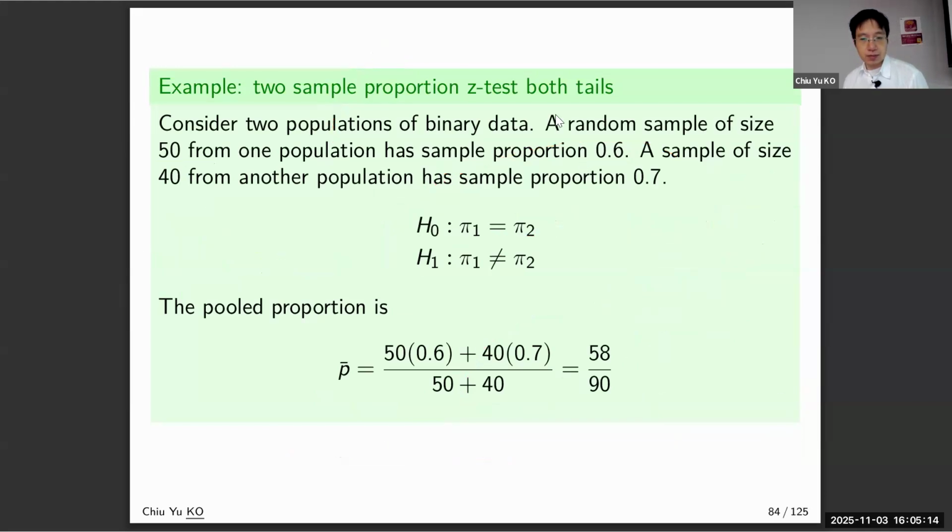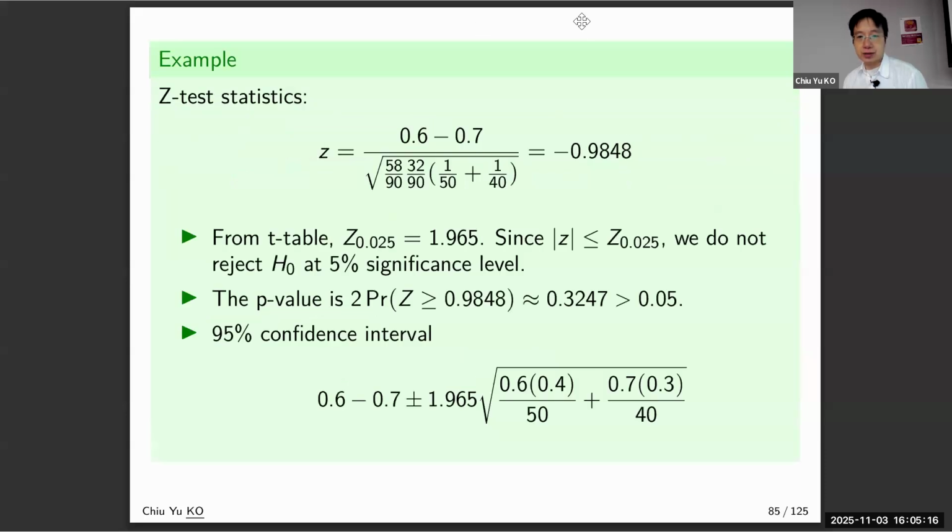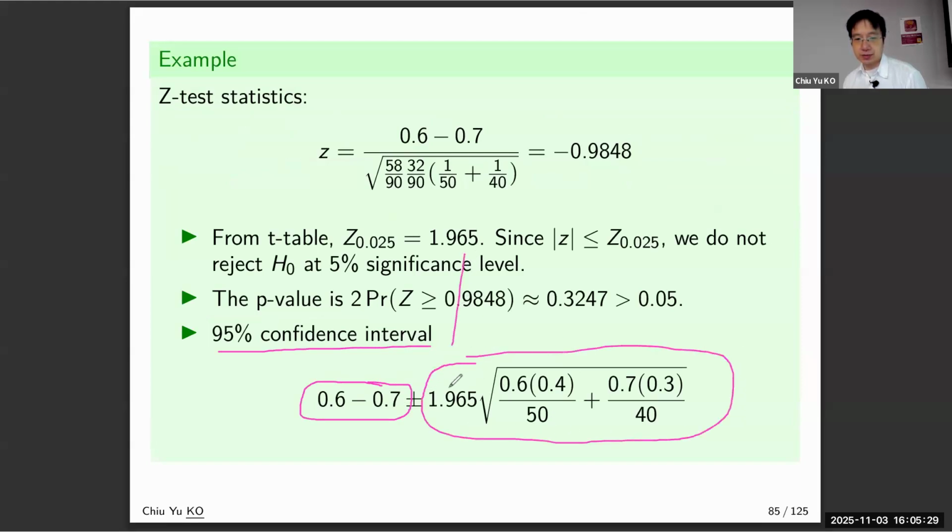So you can also do the interval estimator. So this negative 0.1 will be the point estimate, and the confidence level will be like this, and this is the critical value. Do note that when we have an interval estimate, we do not assume they have the same variance, because once they're the same, then we're done.